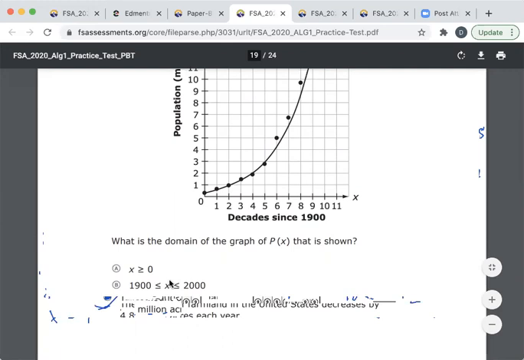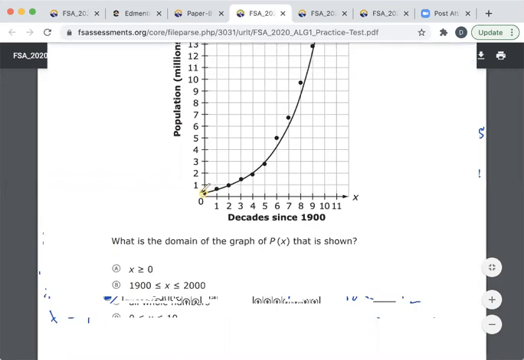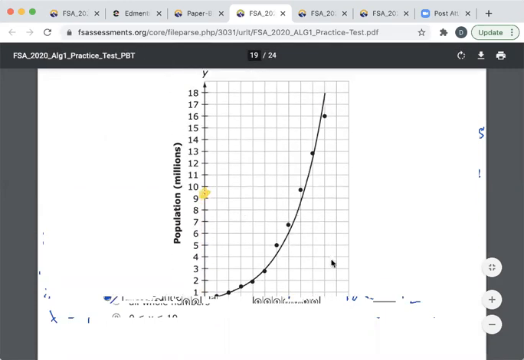So it starts at 0. I'm not drawing. It starts at 0 right here. And where does it end up? It looks like it goes up to 10, right?